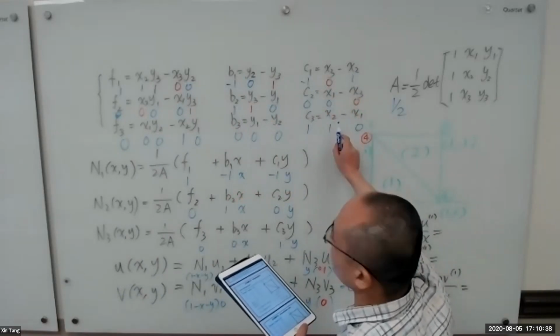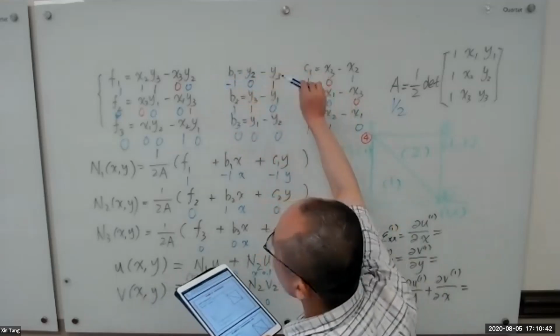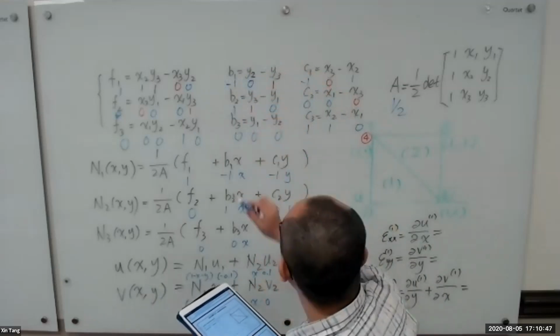You can put the values in to calculate that. So then you have all the constant components needed to calculate the shape function.